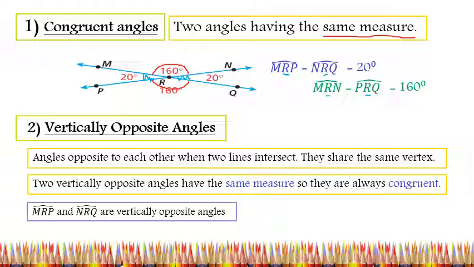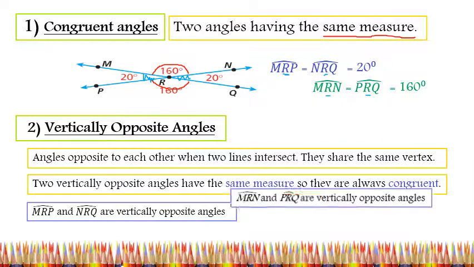Their rays or sides must form an X shape, and the angles above and below are vertically opposite angles. The angles to the right and to the left of the vertex are also called vertically opposite angles.